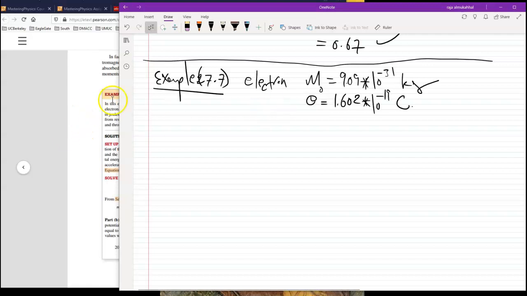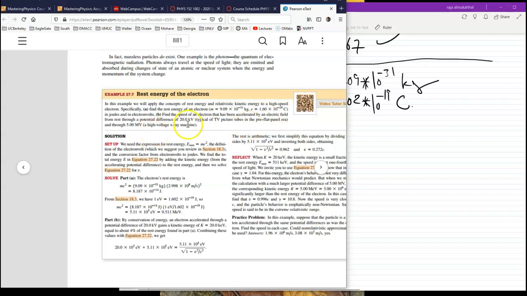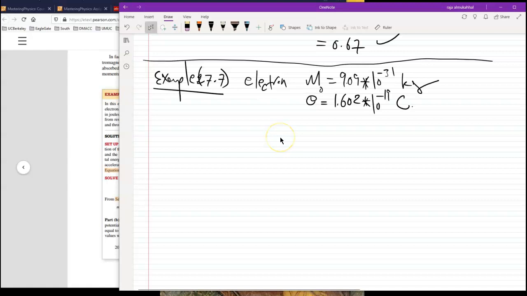He said find the rest energy. Well, that's not bad, is it? The rest energy, E naught, equals m naught c squared. This is m naught right there, so all you need is just plug it in.